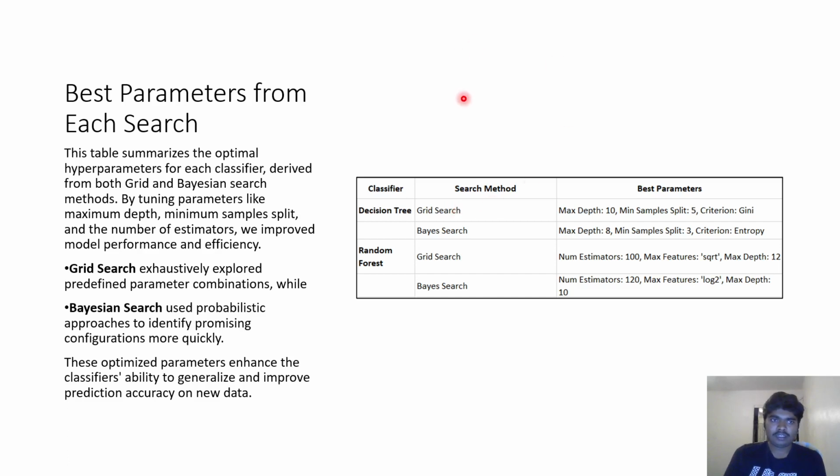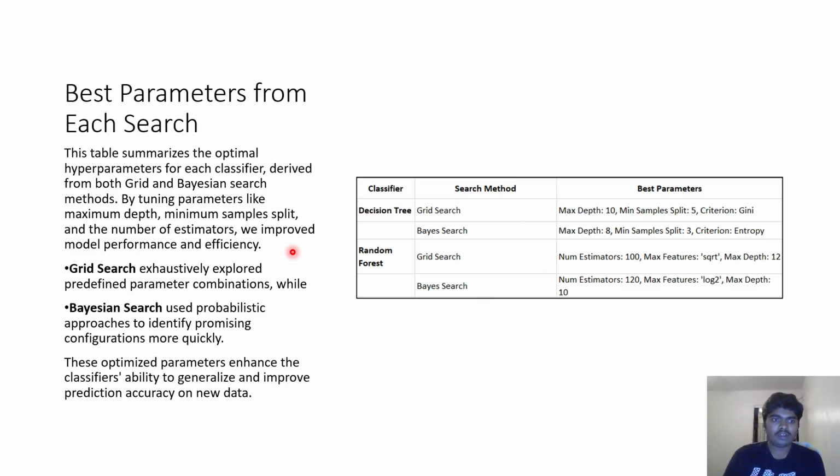These are the best parameters for each search. With the decision tree and the random forest, using grid search I got the best parameters as max depth of 10, minimum sample split of 5, and criterion Gini. These are some of the visualizations I want to show you.